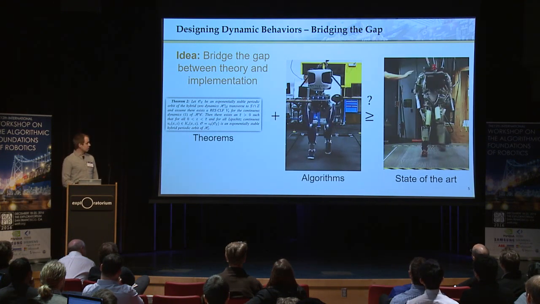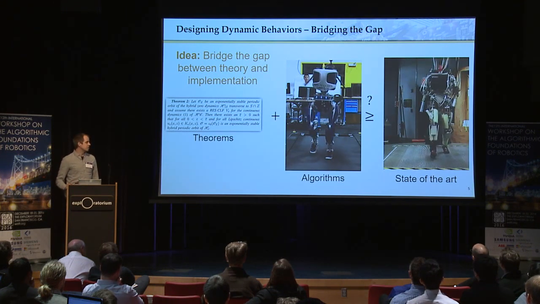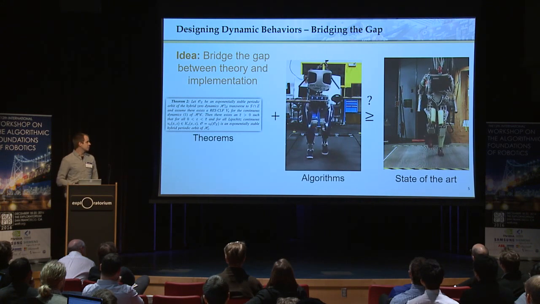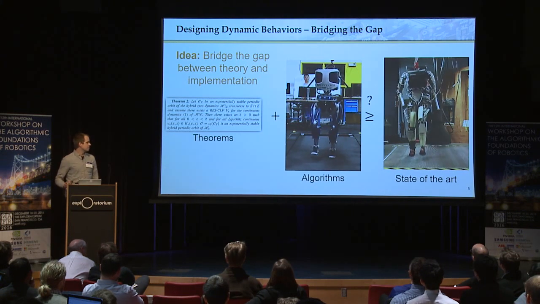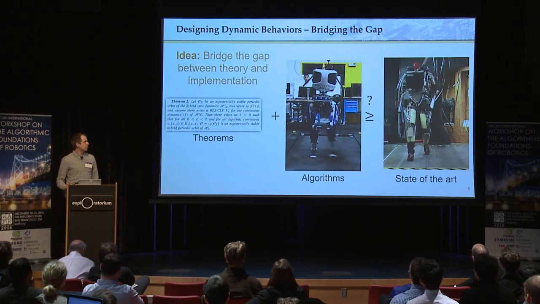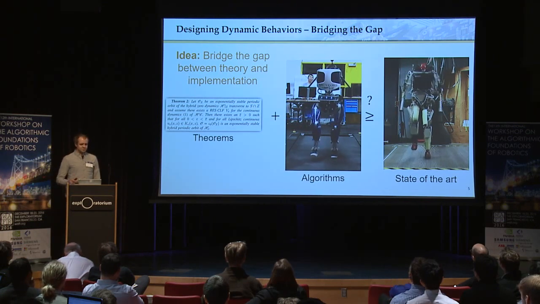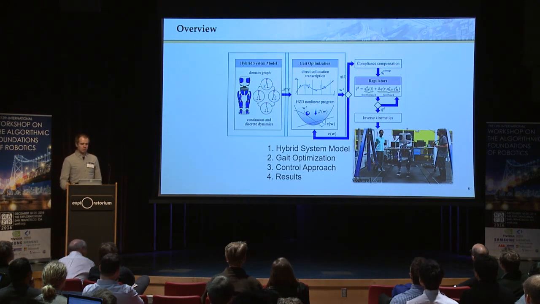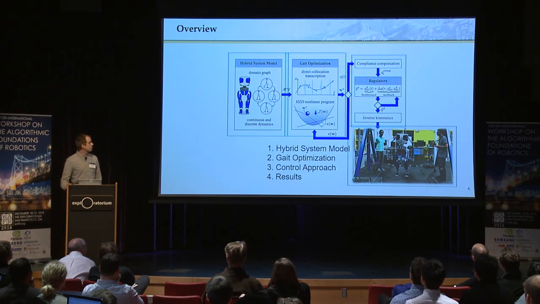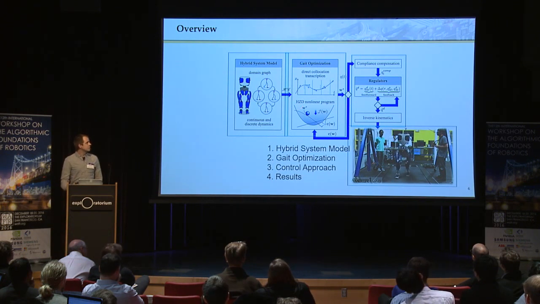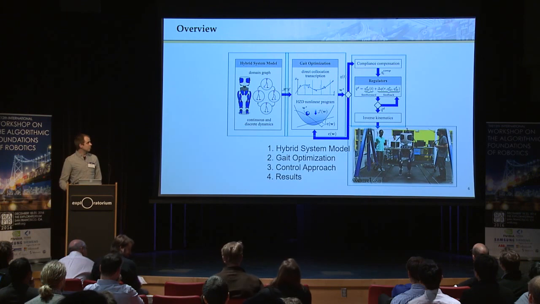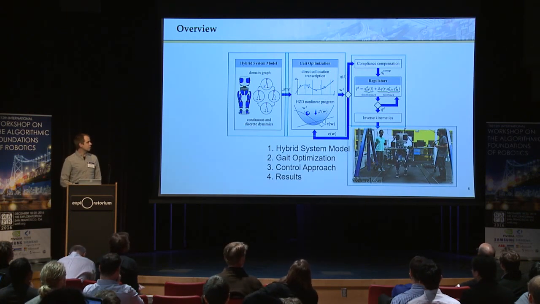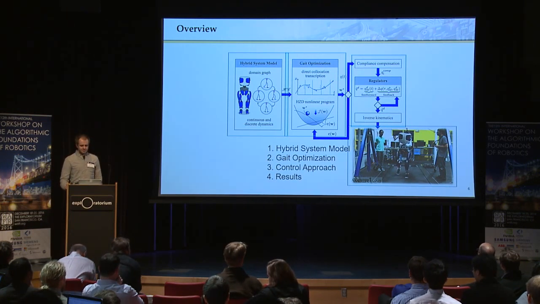We're not saying that we're particularly better than this yet, but we'd like to use this combination of our theoretical background with an algorithmic approach to design things in the future. So how this is going to shape out is we're going to design a hybrid system model for our system, and then transcribe that into a gait optimization that's going to give us a walking gait with some mathematical stability guarantees that we can directly try on hardware.